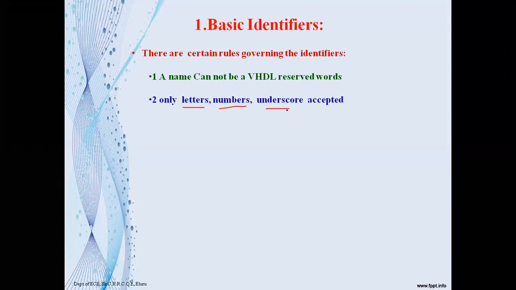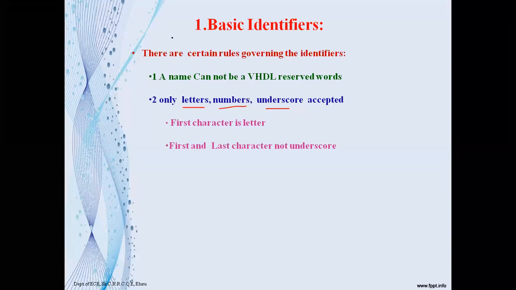Okay, and here the identifier should have its first character as a letter. It must be a letter. It should not be a number. It should not be an underscore. Okay, and the first and last characters cannot be an underscore.